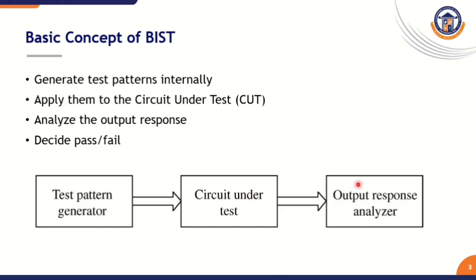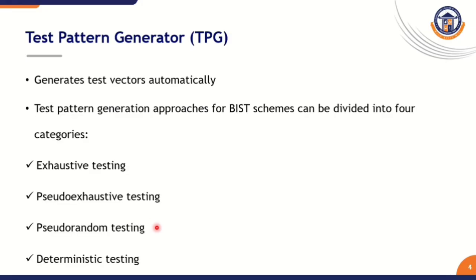Third, an output response analyzer is used, and the output response is analyzed. Finally, the pass or fail decision is made from this response. All these operations are performed within the chip itself without external support. Let us discuss one by one.